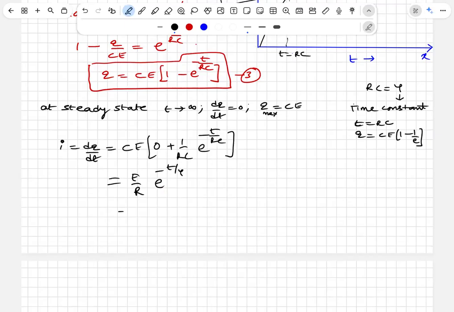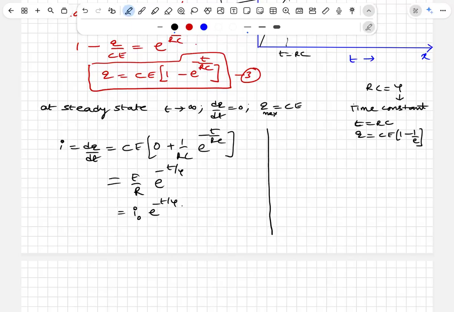E by R is the maximum current. In fact, this is the current when t is equal to 0. The moment you close the switch, this is the current.